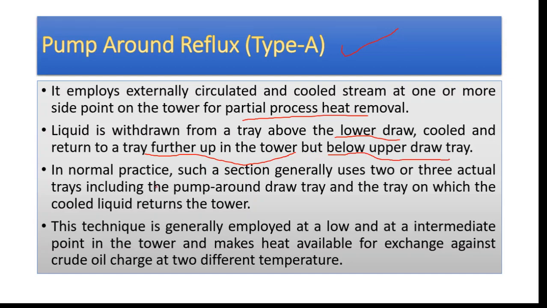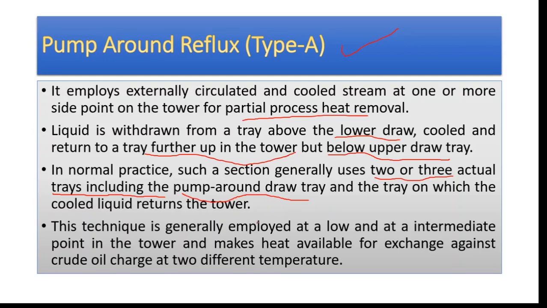So in these situations, 2 or 3 actual trays are involved in all these activities, and that's why these 2 or 3 trays are treated as one tray. In these sections there are vapor liquid problems.